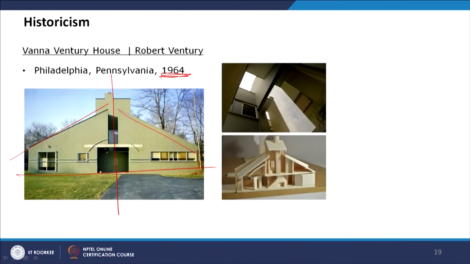This has a bilateral symmetry and a lot of different elements, but this is designed in 1964, which is definitely before postmodern. But there is no hard and fast line from where the postmodernist thought started emerging. This is almost a decade before postmodernism, so many of the designs started evolving into the line of thought of the postmodernist approach.